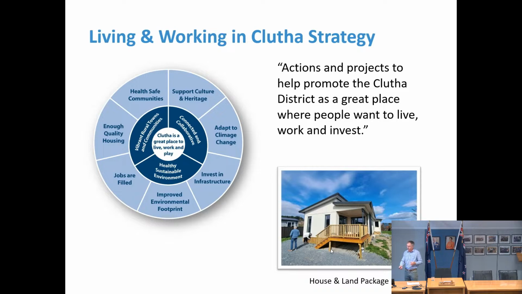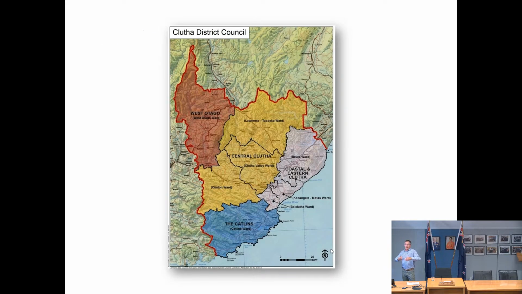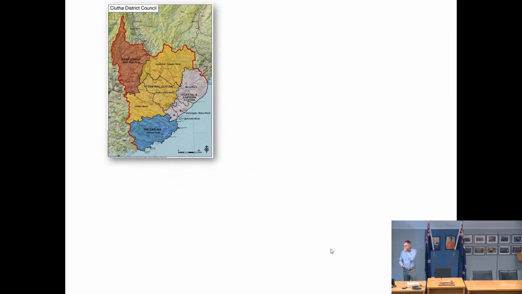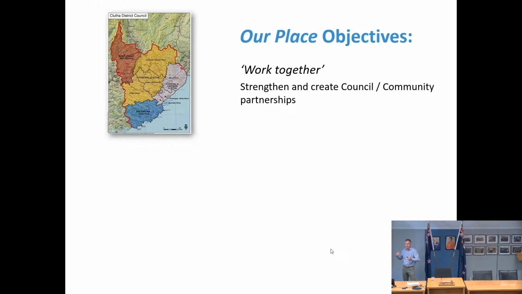So we'll carry on. In terms of developing those Our Place plans, obviously the Clutha district is a really diverse and large area. So how do we actually engage with communities and look to develop and then implement these plans? The objective of what we're trying to achieve through these Our Place plans, developed in conjunction with the community, is about working together.